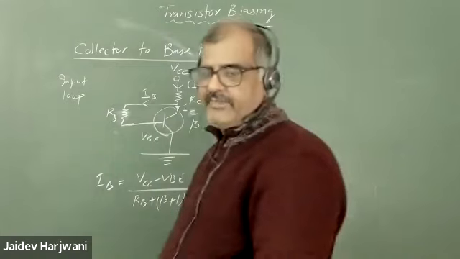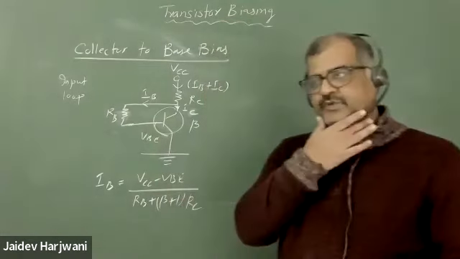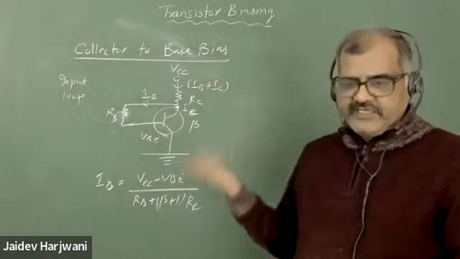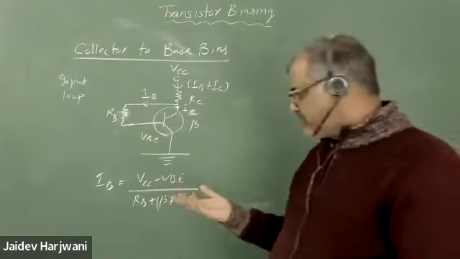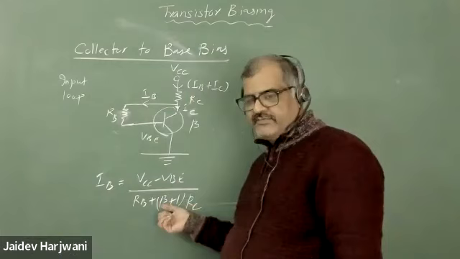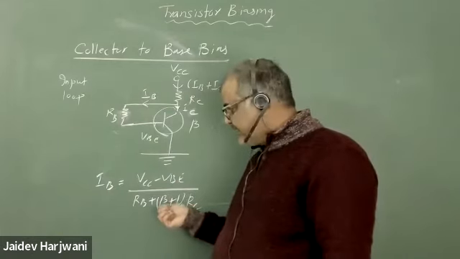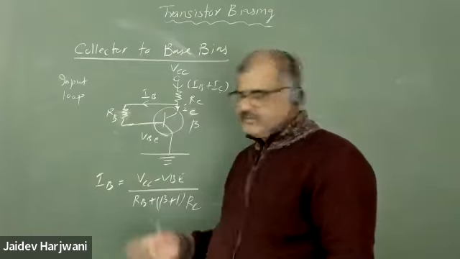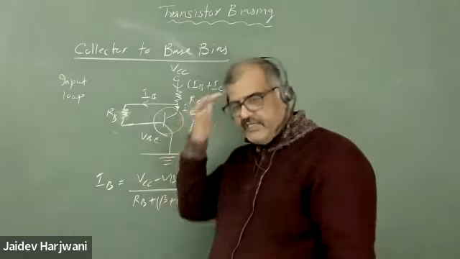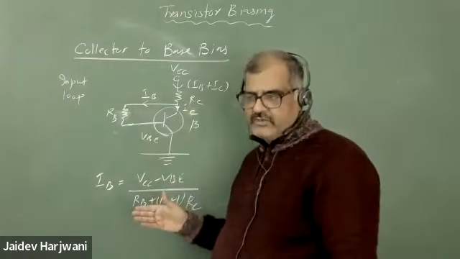So whenever temperature goes high, your beta will increase, and then beta will increase the IC. But at the same time you see beta is also present here. So as beta increases, your IB will go down. Are you getting?